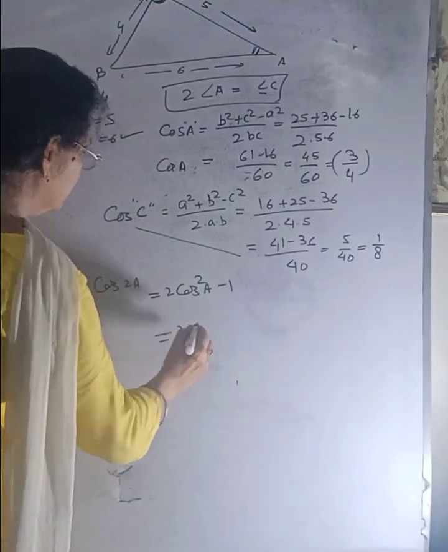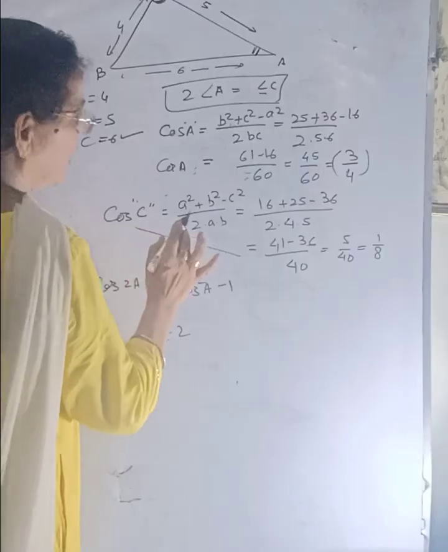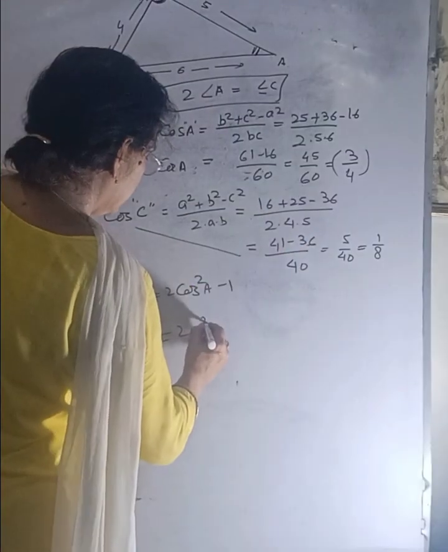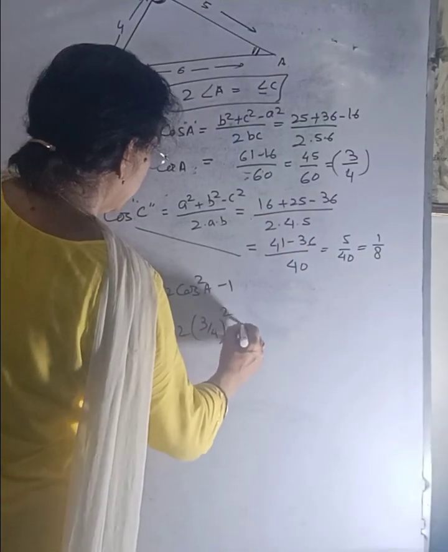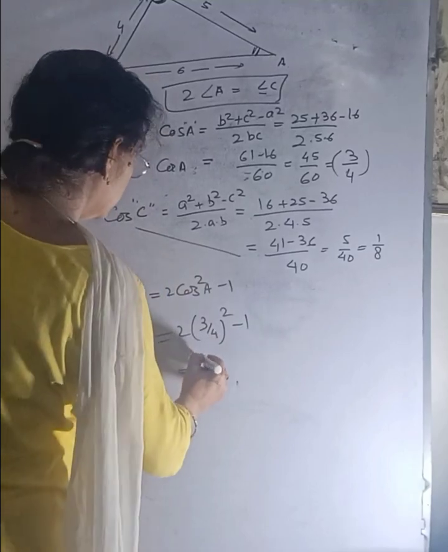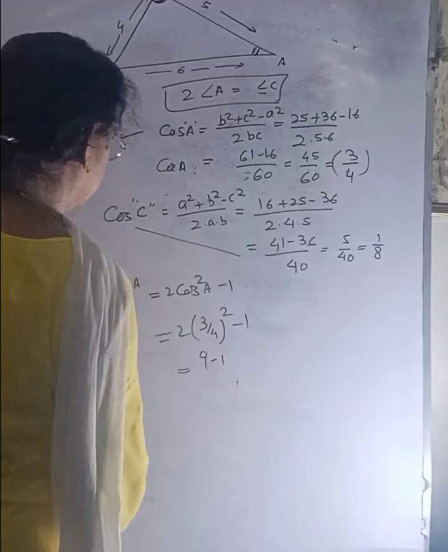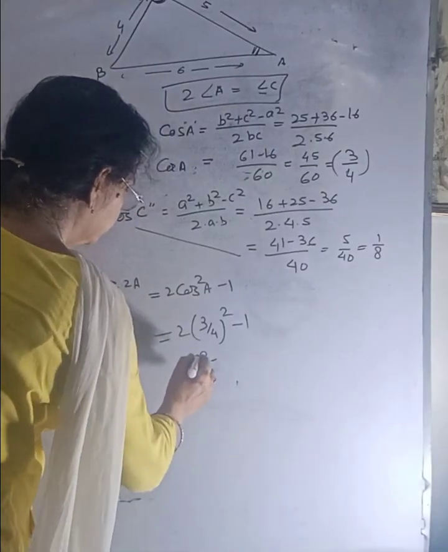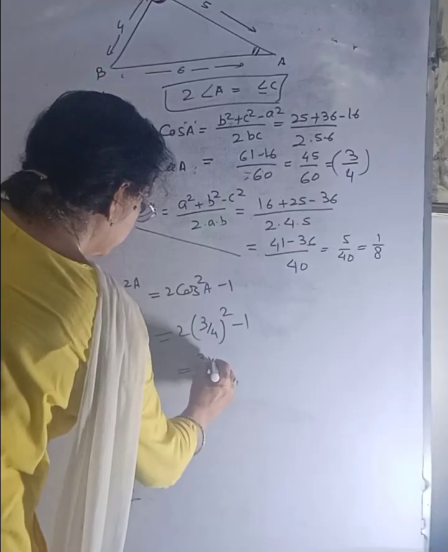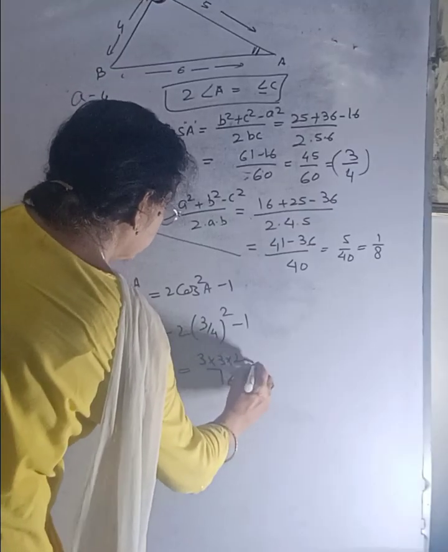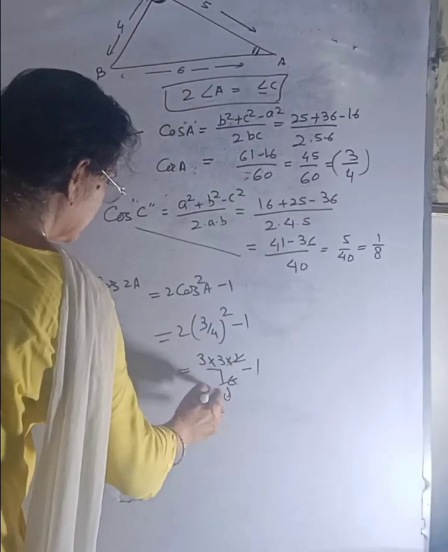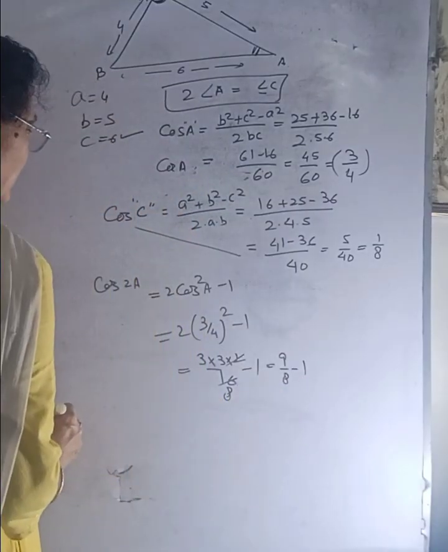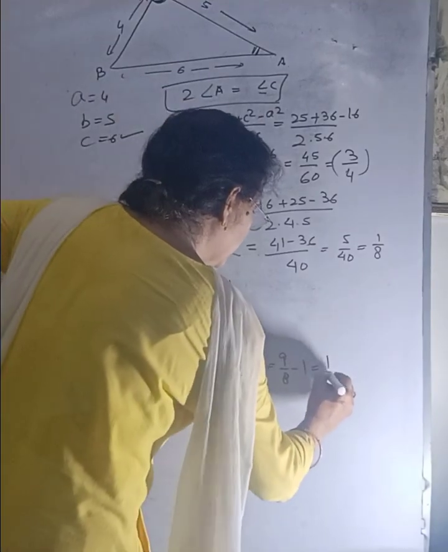So it will be 2 times 3 by 4 whole square minus 1, that is equal to 2 times 9 upon 16 minus 1, which is 9 upon 8 minus 1. And this is equal to 1 upon 8.